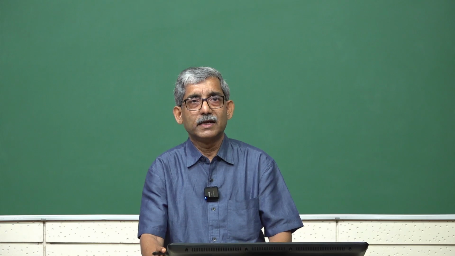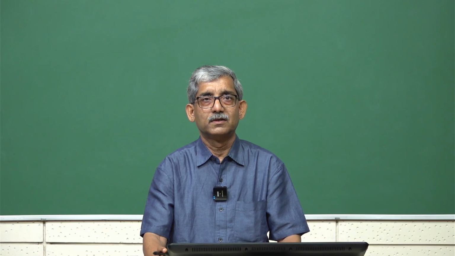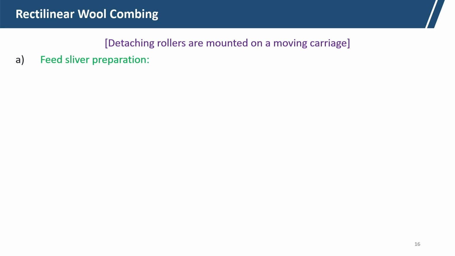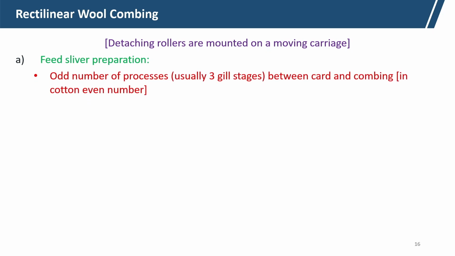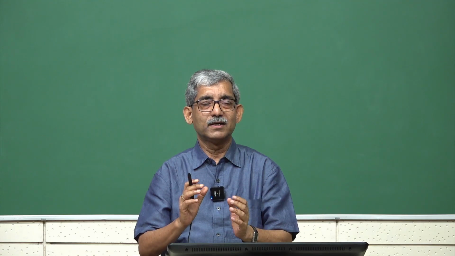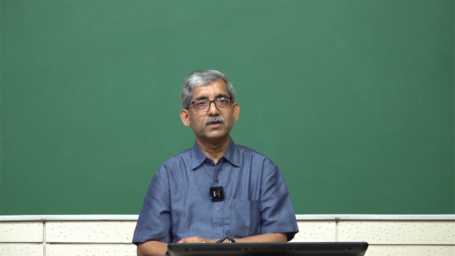So, first let us see the wool combing process. Now, feed of sliver. Here lap formation is not there. In wool combing the slivers are bulky, so lap formation is not there, and we directly use the sliver.